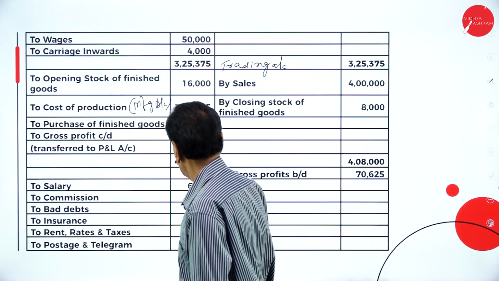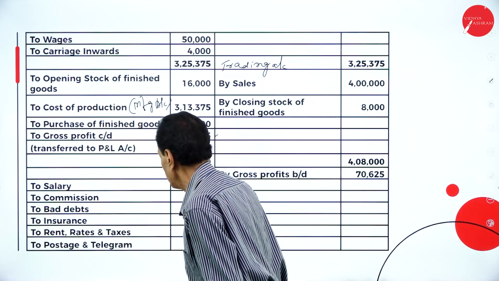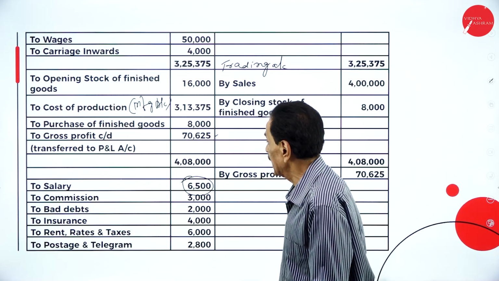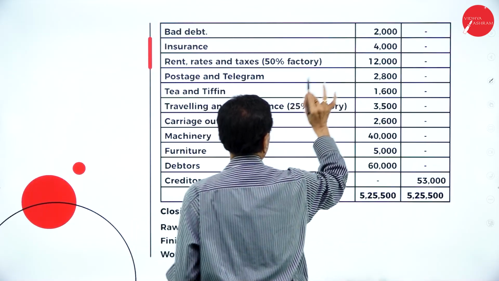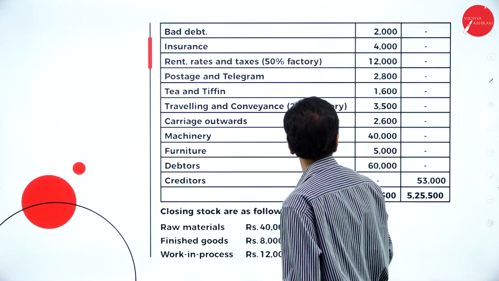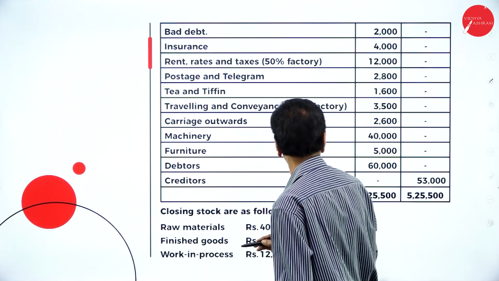Then rent, rates and taxes, 12,000: 6,000 goes to factory, 6,000 to profit and loss account.